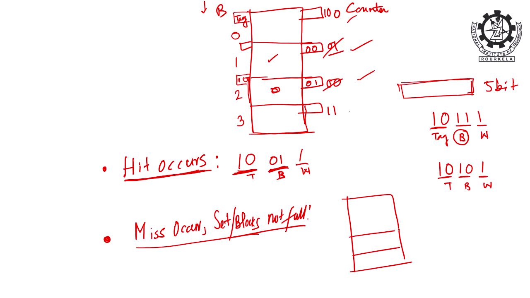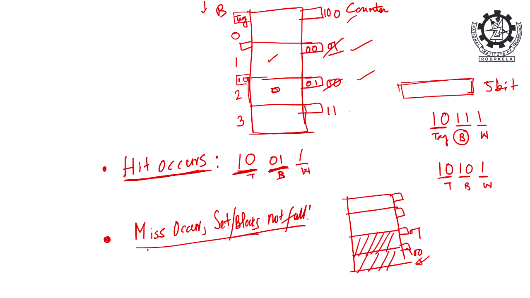Let us say you have 4 blocks, so you have a counter here, here and here. Let us say only 2 blocks are occupied. Obviously, initially when it came it was 0 0. Now, when another block came, this value will be 0 0 and the earlier one will be incremented by 1.